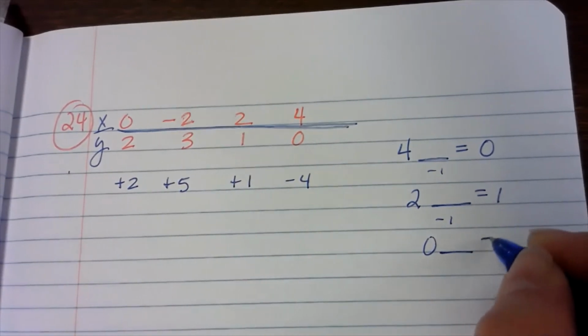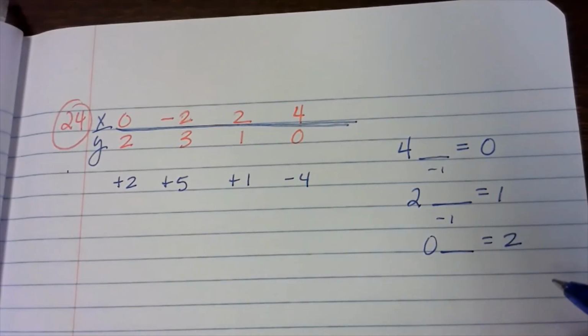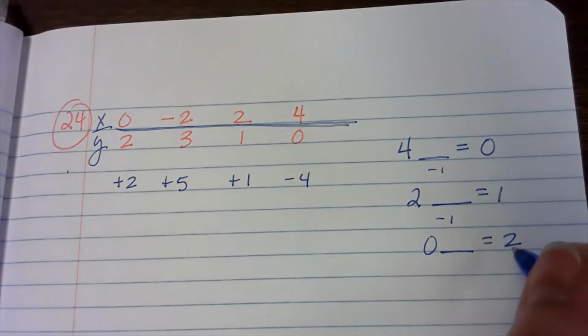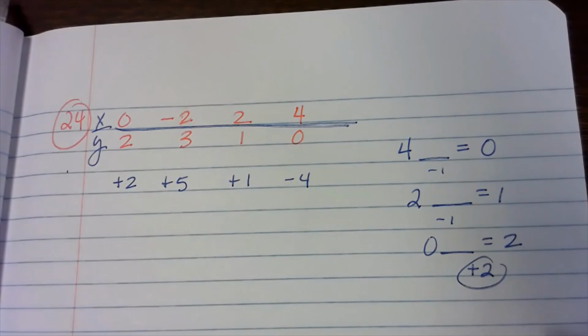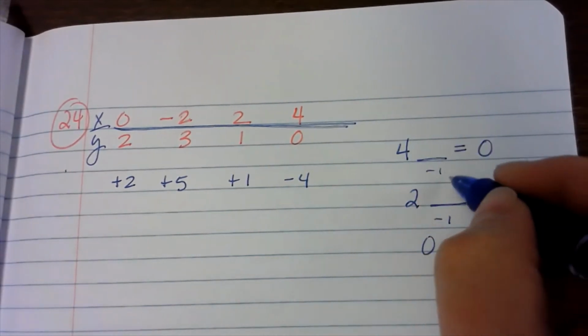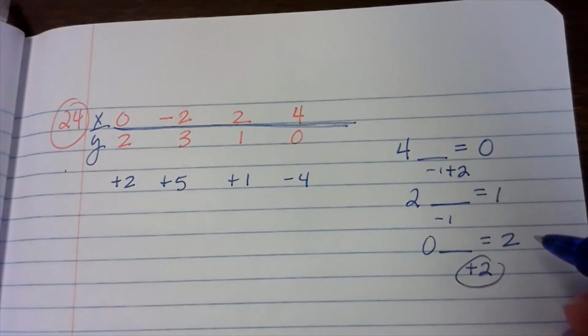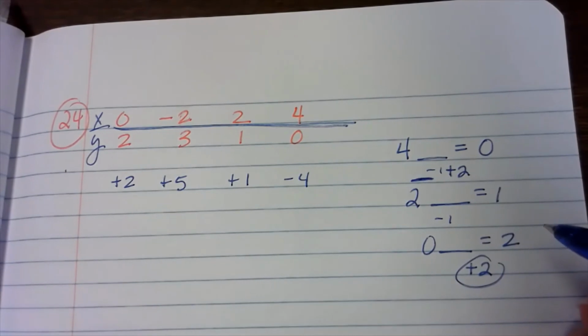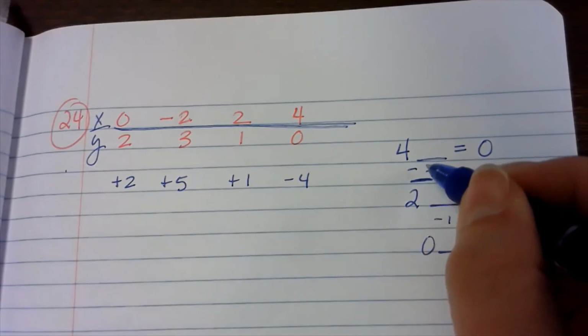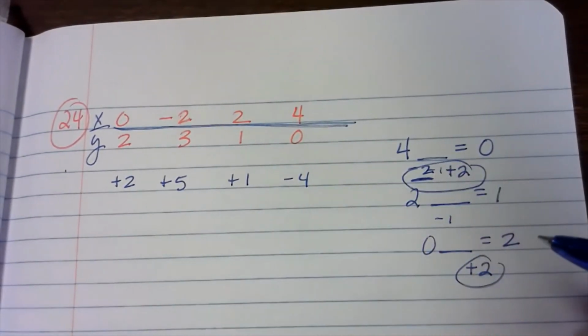Okay, so I'm going to do something to 0 now to make it a +2. The only thing I can do to 0 to make it a +2 would be to add 2 to it. Okay, so I'm going to hold on to that. So if I do something to 4 and I add 2 to it, and it comes out as 0, I'd have to do something to 4 to make it -2, to cancel that out.